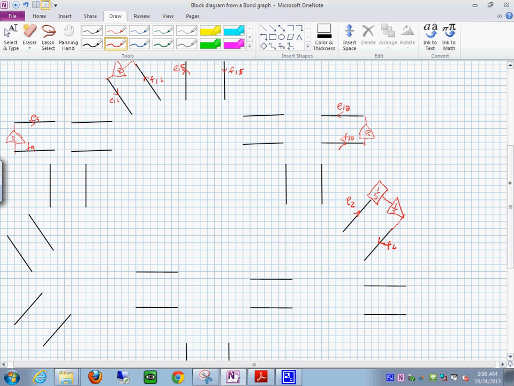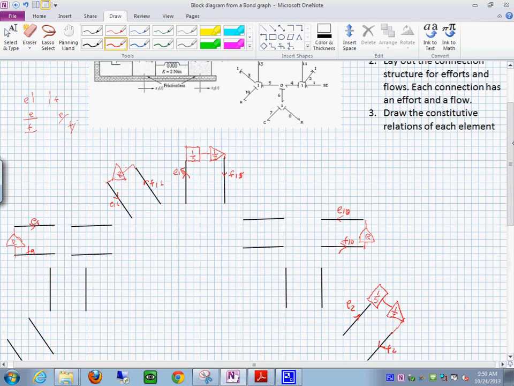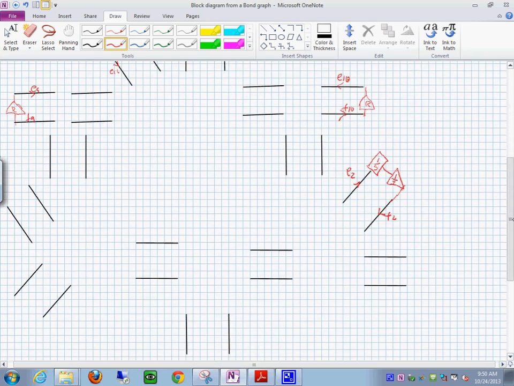I think this is a source of effort, and the bond number is number 1, and in here, so E sub 1 is the one that comes this way, and F sub 1 comes this way.